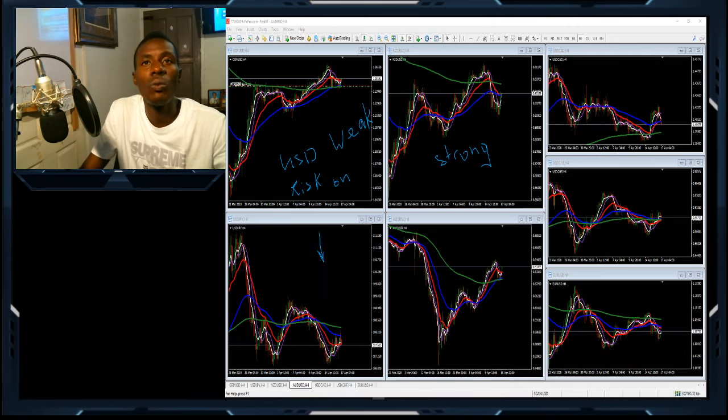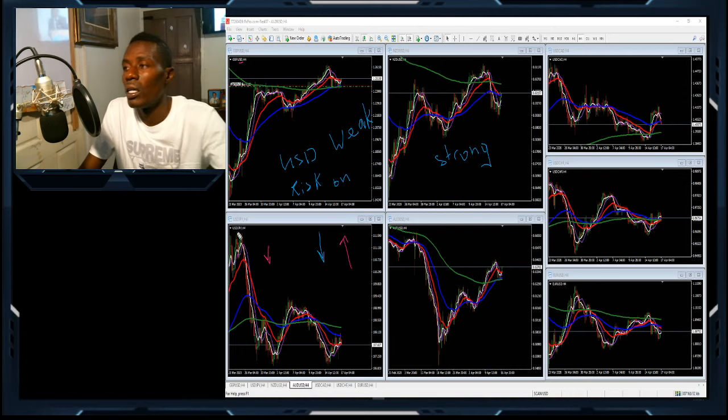And when the dollar is weak, it's pointing up. With the dollar on the left hand side, like dollar yen, it is the other way around: when the dollar is weak, it is going down, because it depends on where the base currency is.